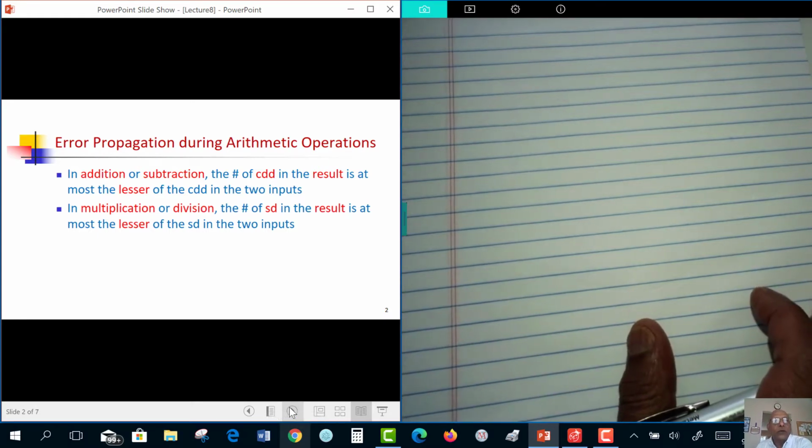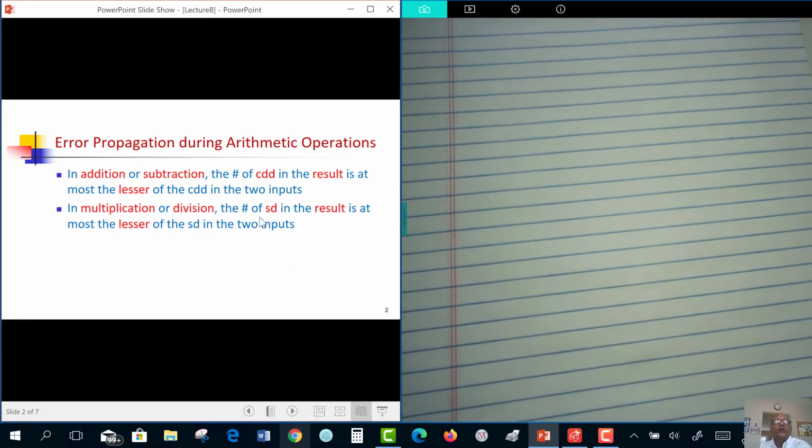Okay, let's talk about error propagation during arithmetic operations. You will find, and I'm just stating this, that in addition or subtraction, basically we try to preserve the number of correct decimal digits. So if we are adding two things, our result will have whichever of the two inputs has lesser precision.